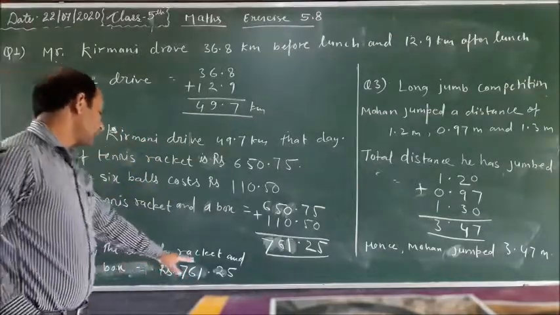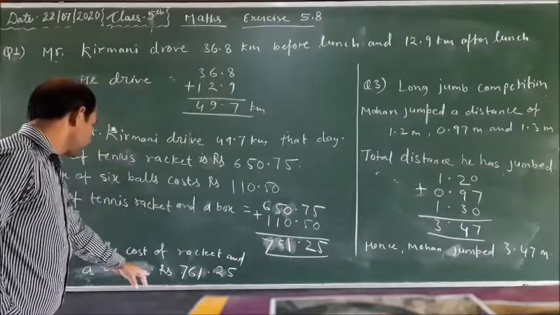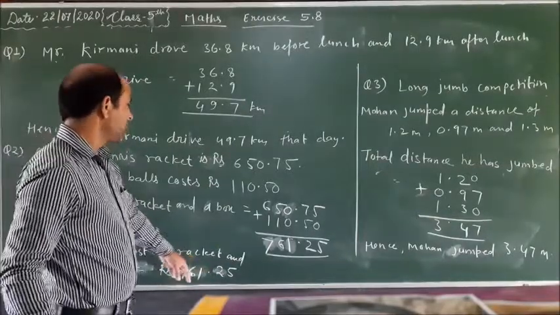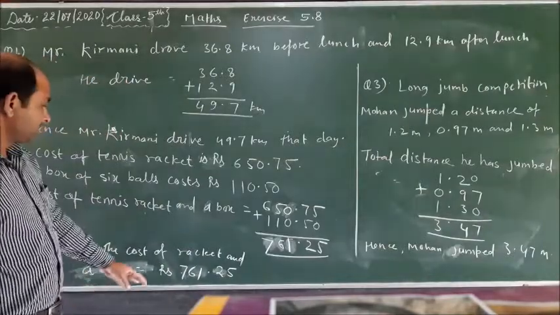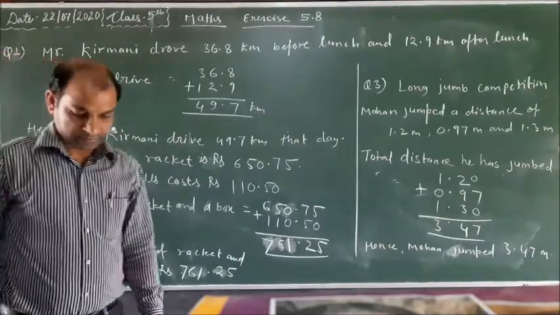Hence the cost of the racket and a box is rupees 761.25.